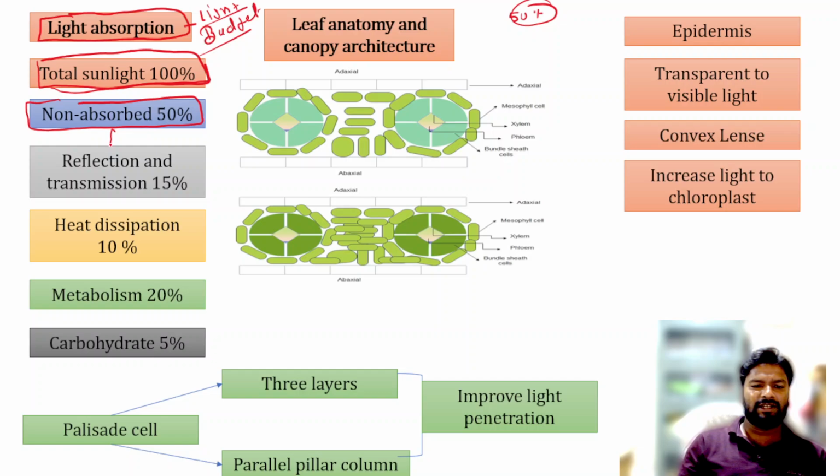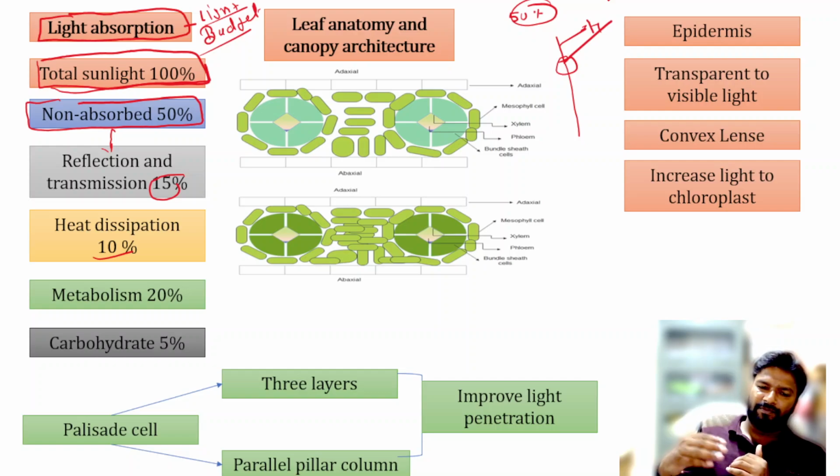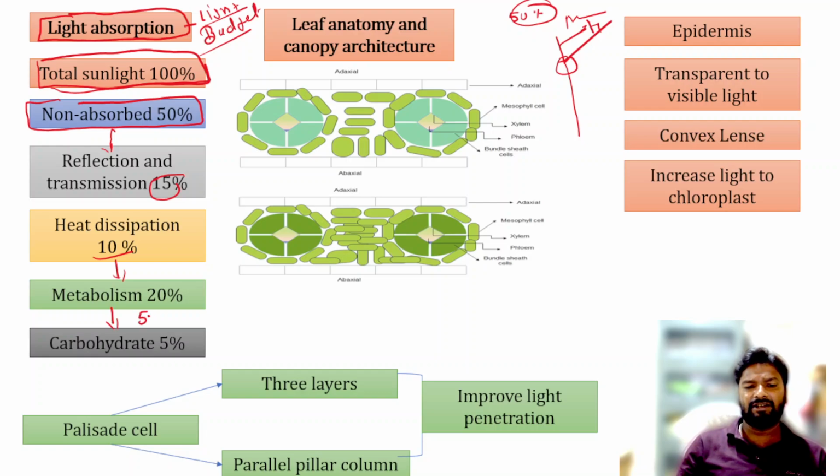Of this, 15% is reflected or transmitted, means not absorbed, and 10% of light is used for heat dissipation, means removed as heat. Then 20% is used for other metabolic processes. Only 5% of light is utilized for carbohydrate synthesis, the photosynthetic process. So this is a light budget, showing how much light is utilized by the plant.